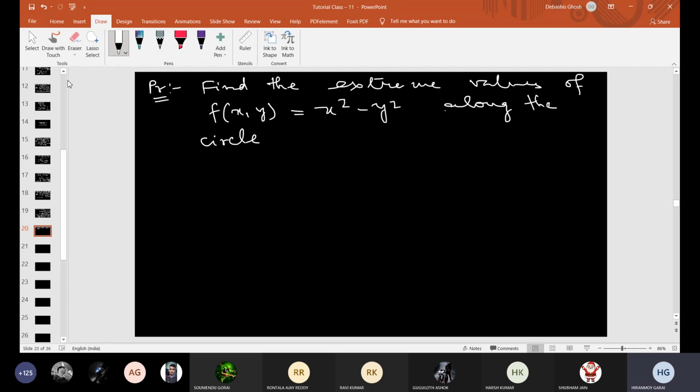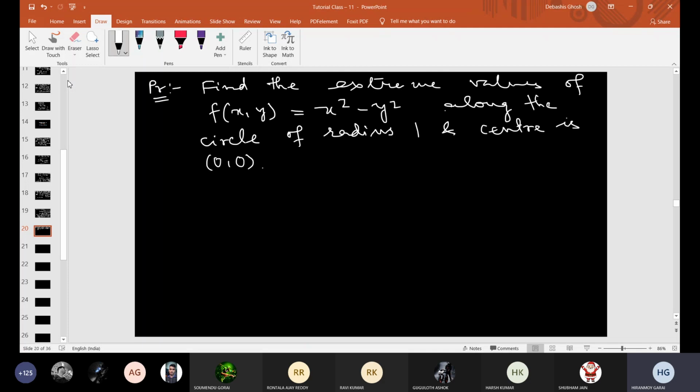We consider here along the circle of radius 1, and the center is at the origin. So we need to find out the extremum values.